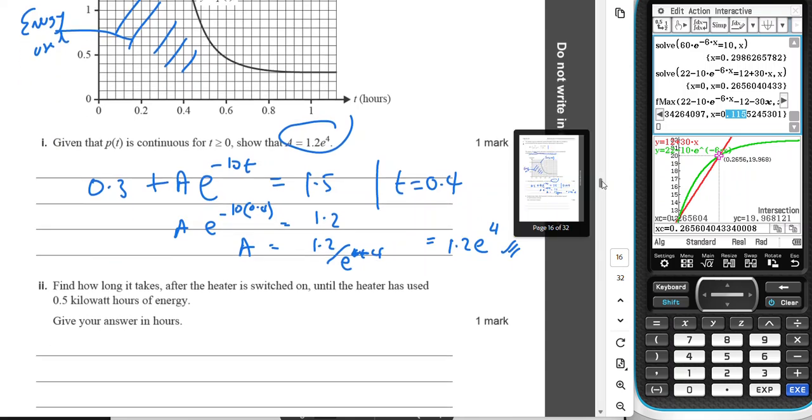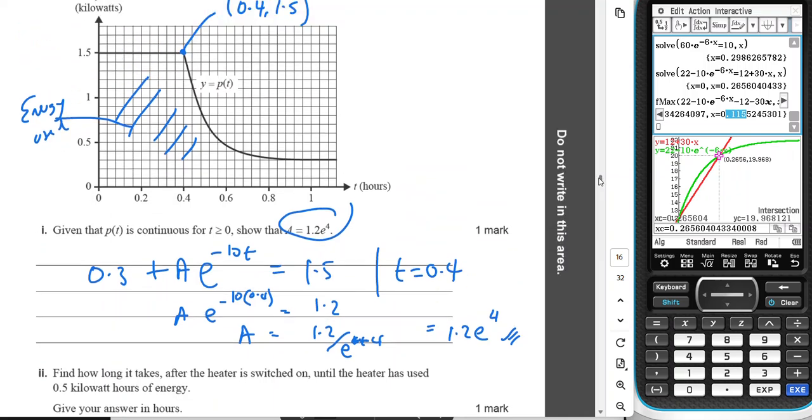How long does it take from the heater being switched on until the heater has used 0.5 kilowatts of energy? Okay, so before I start, I'd like to find out what energy is used in this rectangle here to know whether I need to integrate this bit or this bit.